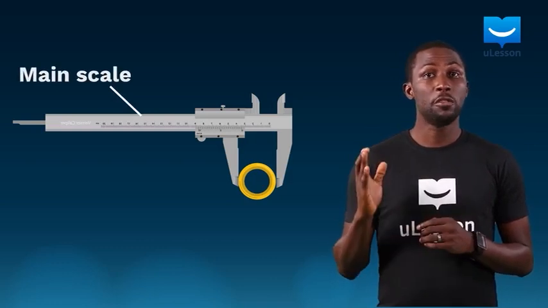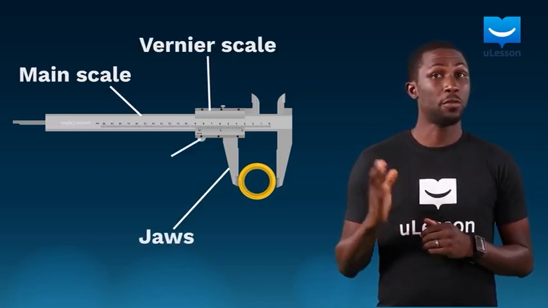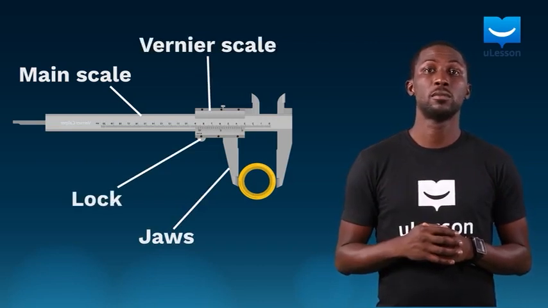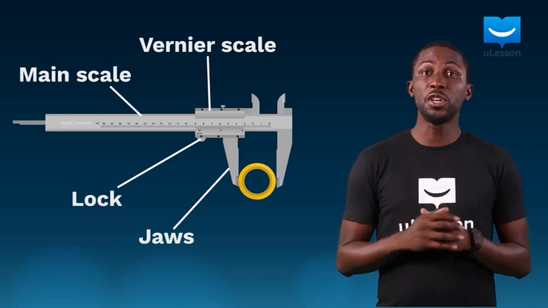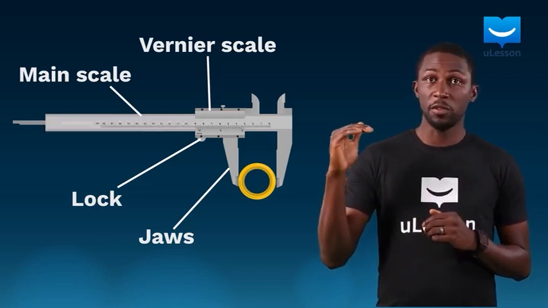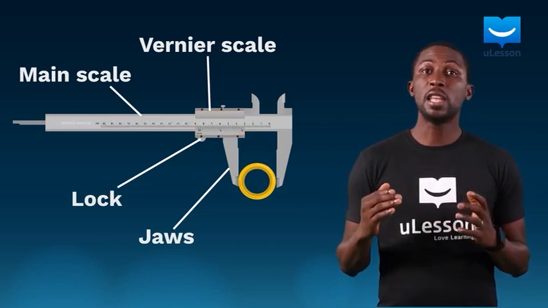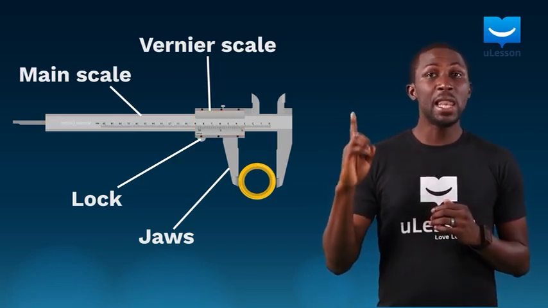This device consists of a main scale, a vernier scale, a set of jaws, and of course a lock. Just like the micrometer screw gauge, we take the first reading from the main scale that corresponds to the 0 point on the vernier scale, and then we take the reading on the vernier scale that is in line with the main scale.